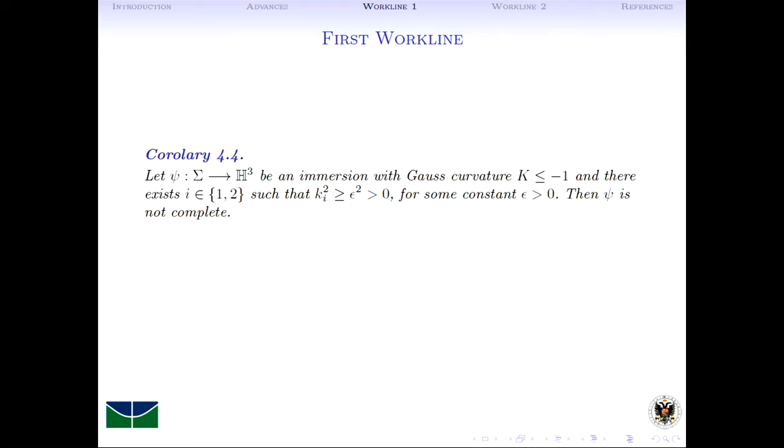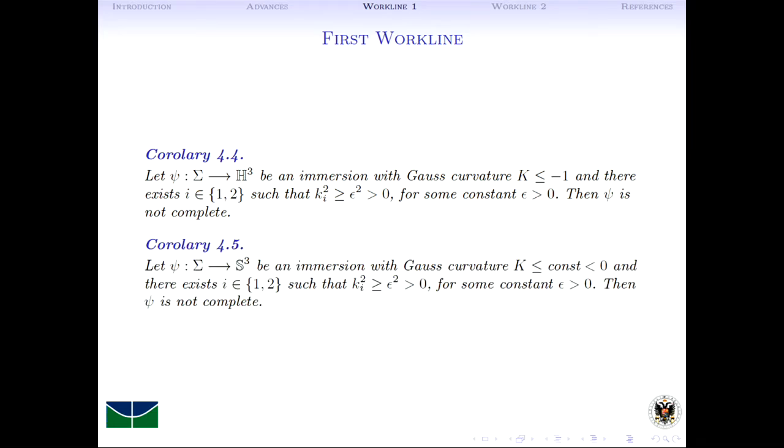We can obtain this result applying the first of the two theorems. And we can obtain a parallel result for S3 under its respective hypothesis for the curvature.